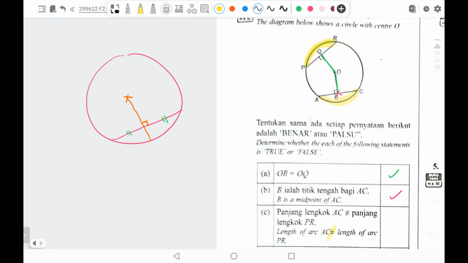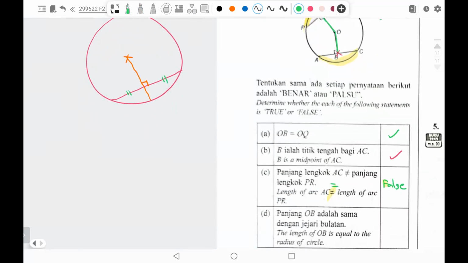The length of the arc AC is the same as the length of arc PR. But over here they mentioned not the same. So the statement is false. It should be same. Okay, so a bit tricky, kan.